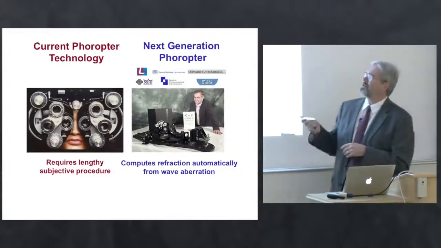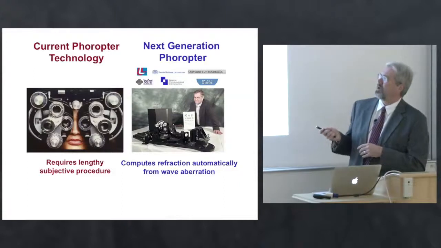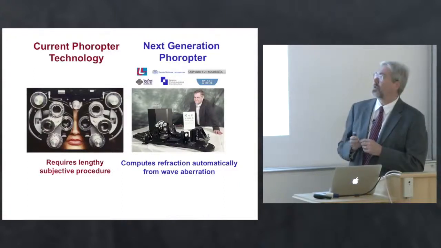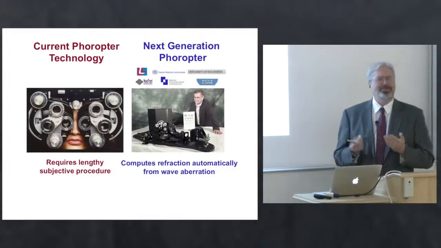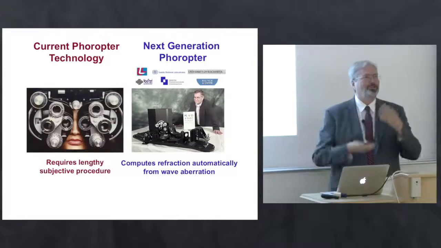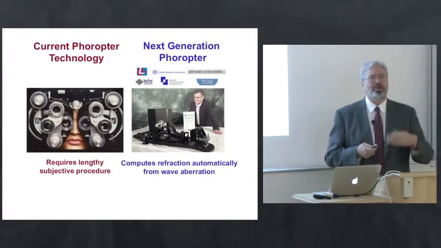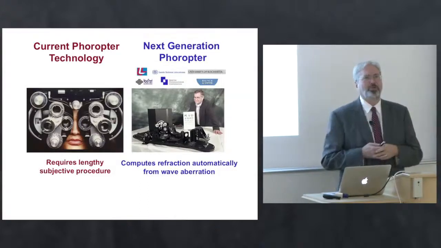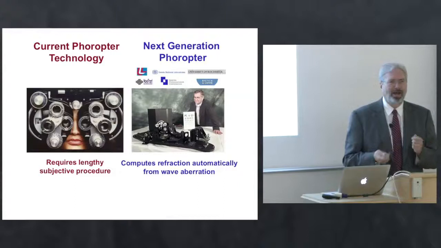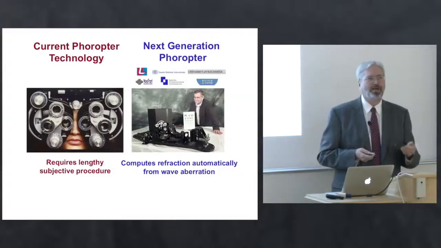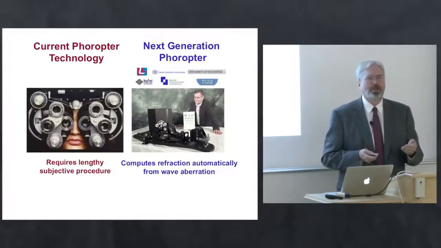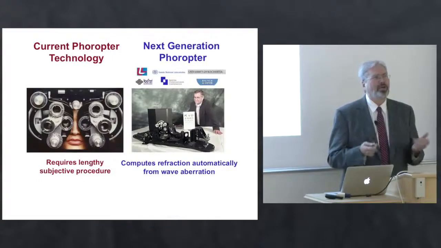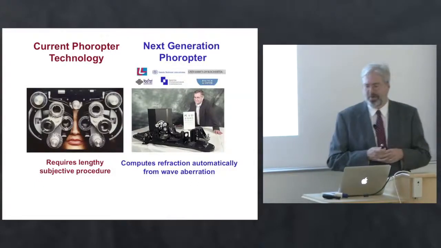So this device is a relatively inexpensive device compared with an adaptive optic system, but it's a kind of a kludge. It has 88 separate lenses that you slide in and out to refract the eye, and you've got that laborious procedure that those of you who do this sort of thing are very familiar with, of asking which do you like better, A or B, and you can't always count on your patient to deliver a reliable response there. So it's a pretty inaccurate procedure, if you don't mind my saying so.